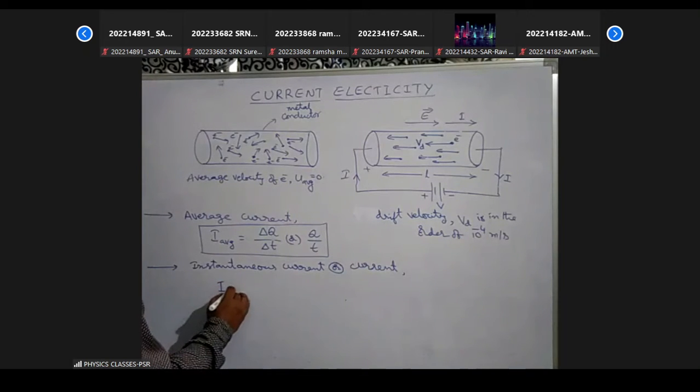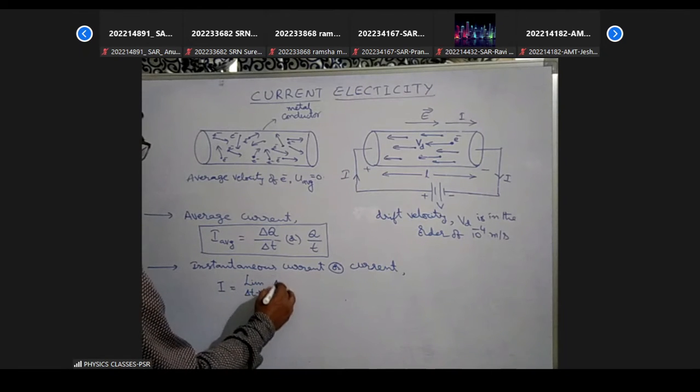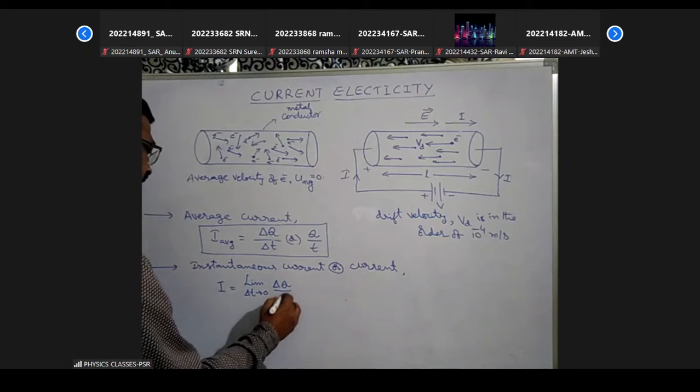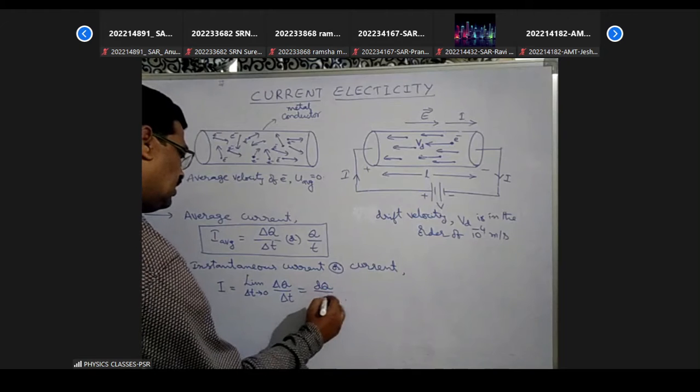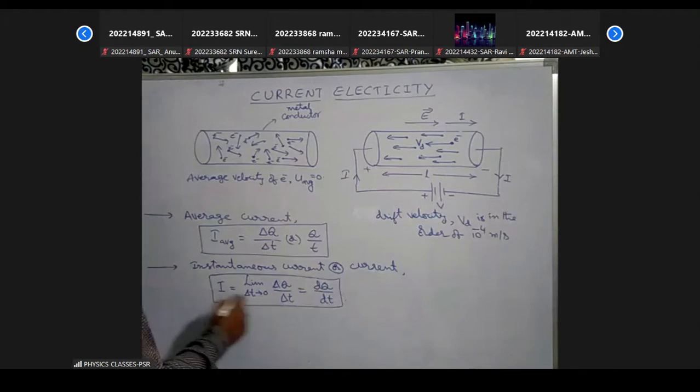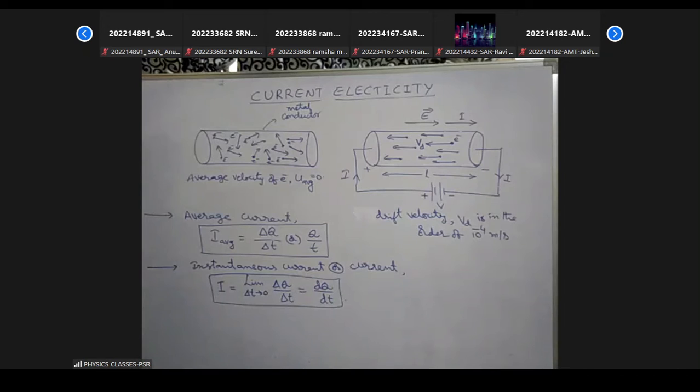I is defined as limit delta t tends to 0 of delta Q by delta t, which can be written as dQ by dt. That means the time rate of flow of charge passing through a conductor, the derivative of charge Q with respect to time.